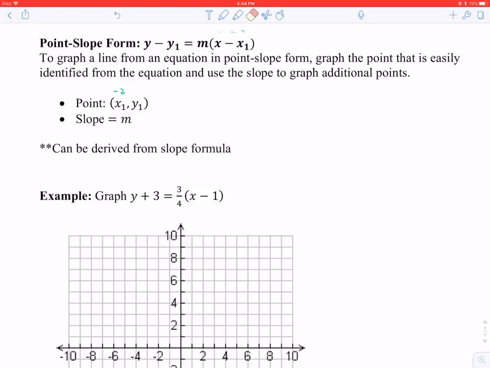So it's the opposite sign. You have to be careful with that. And the same thing goes for the y coordinate. If we had y minus 7, then 7 would be the y coordinate for the point. But if this were y plus 7, then negative 7 would be the y coordinate for the point.